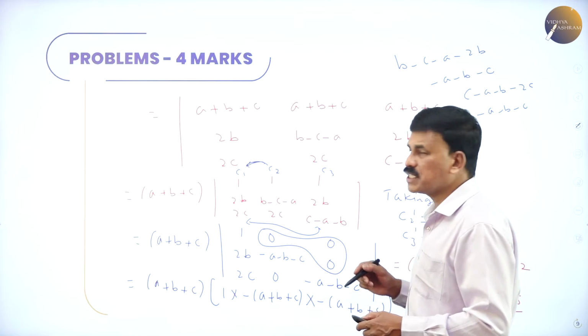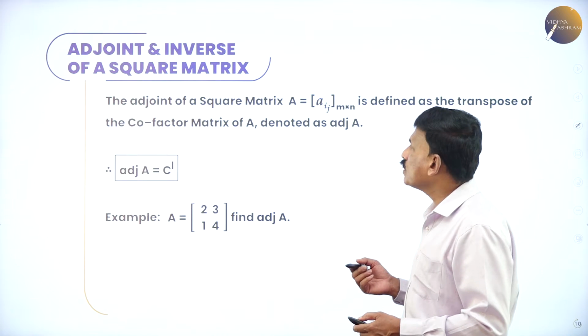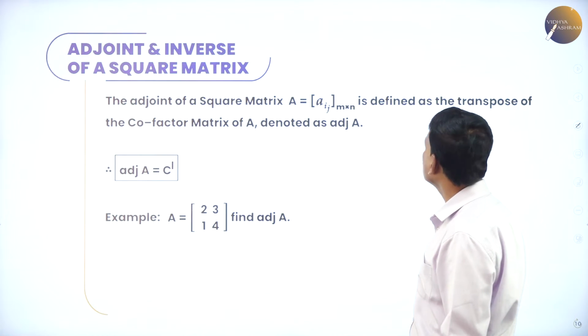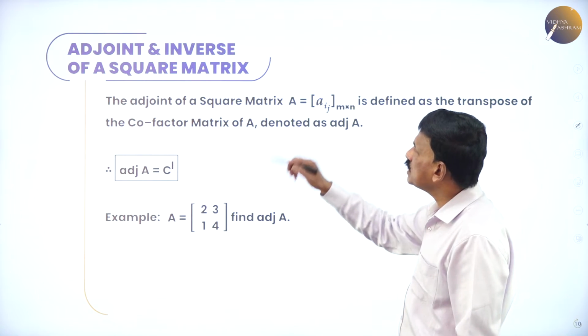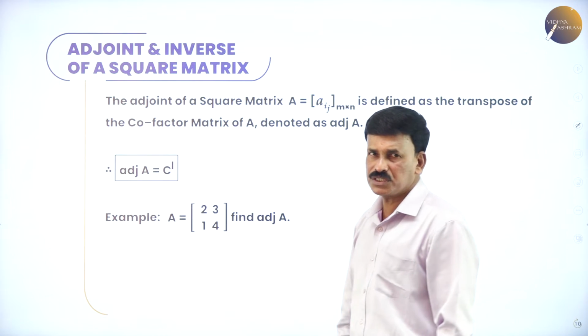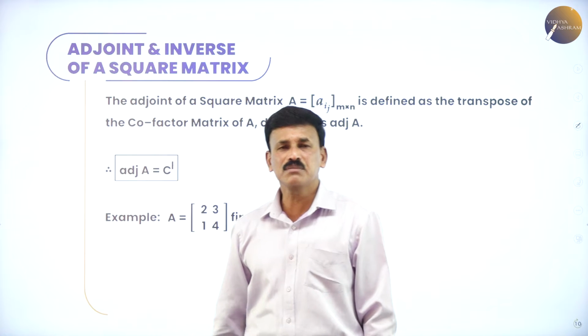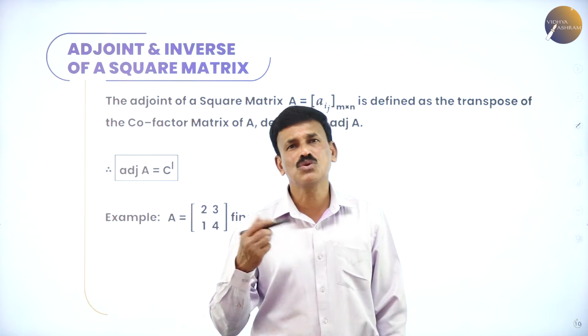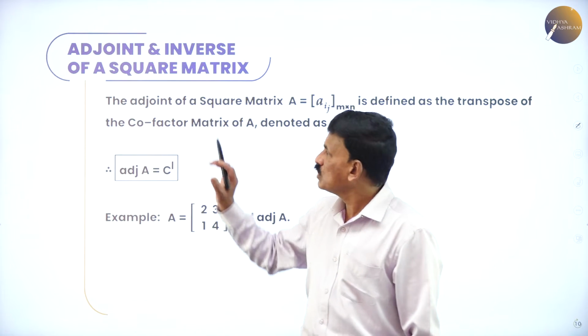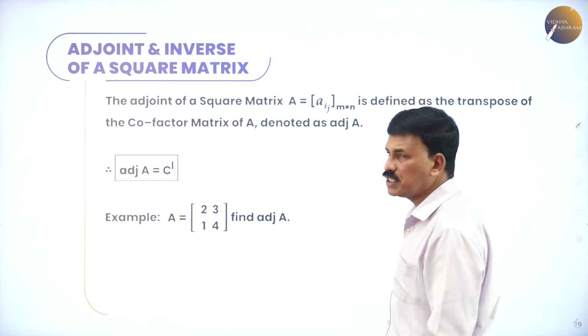Now, let us come to the next concept. The very important concept is the adjoint of a square matrix and the inverse of a square matrix. Finding cofactors, then adjoint and inverse all come under the same category. So, let us take the adjoint and inverse.